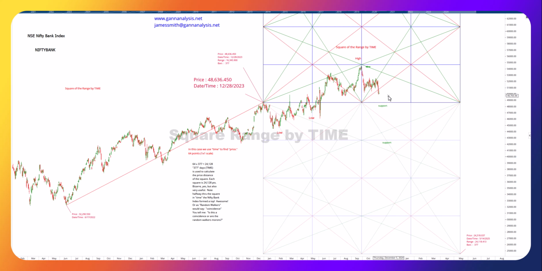Now, people are going to argue with you that this is all chance and coincidence. I'll let you decide. You tell me, as this thing starts taking out support, whether Gann actually predicted the high or whether it was just dumb luck, another coincidence.